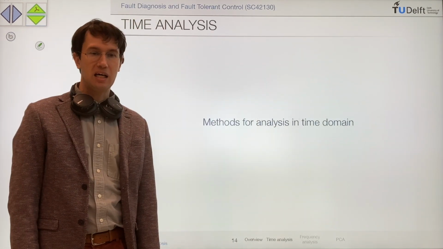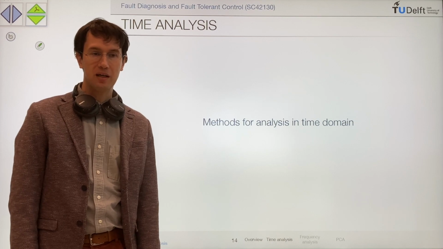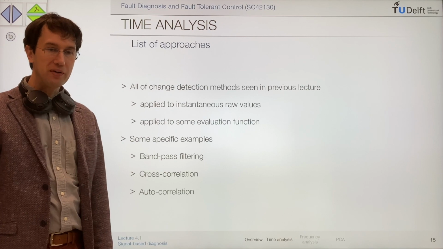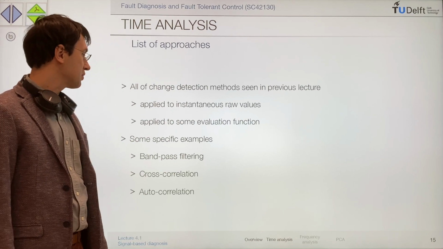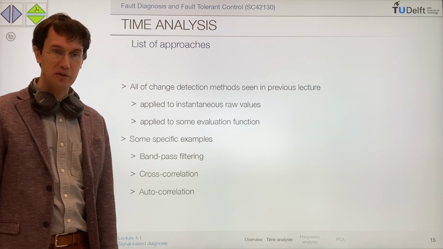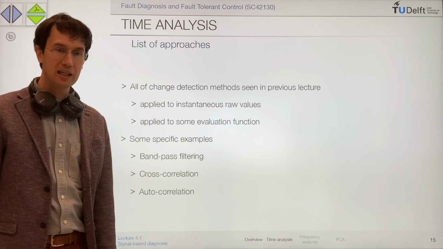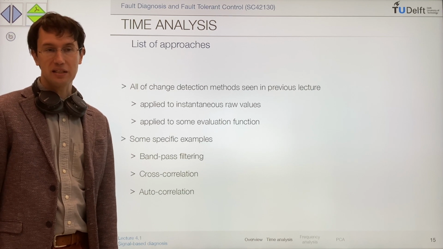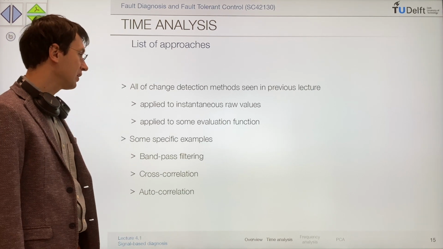So let us start now with presenting some approaches that can work in the time domain. So actually, we already know about them because everything that we presented in previous lecture about change detection algorithms, they can easily apply as they are to signals over the time domain.